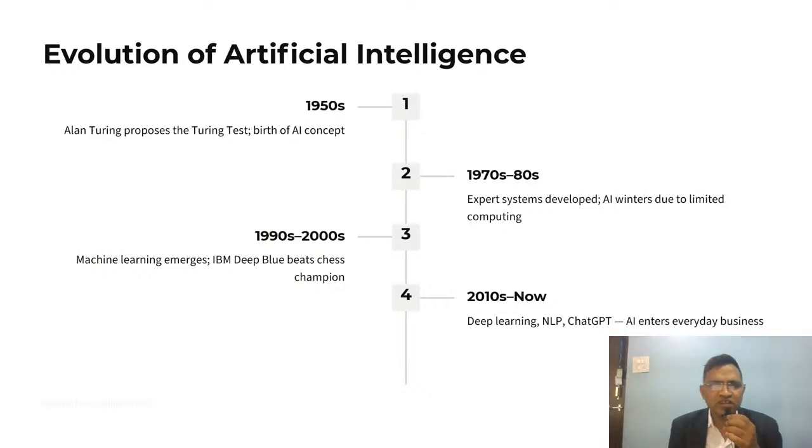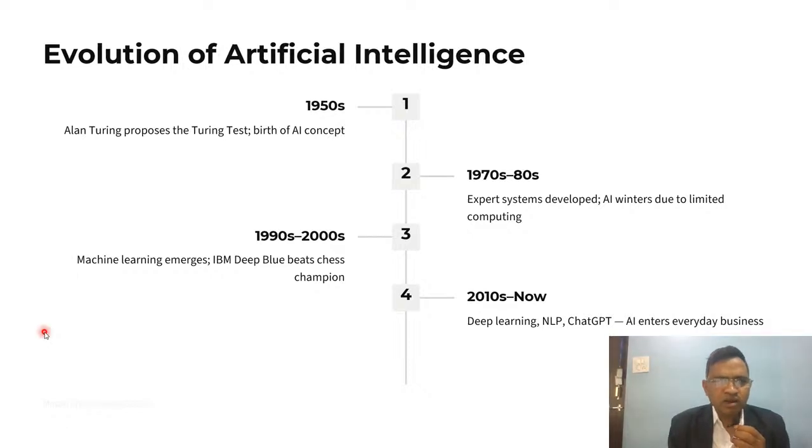Then how did artificial intelligence come about? It started in the 1950s, proposed by Alan Turing, the birth of the AI concept. In the 1970s and 80s, expert systems were developed, followed by AI winters due to limited computing.